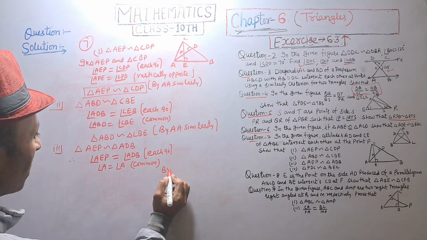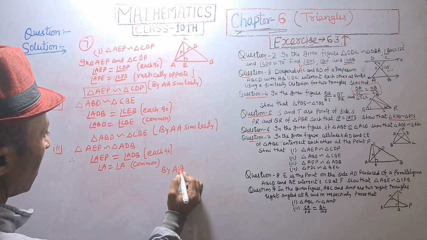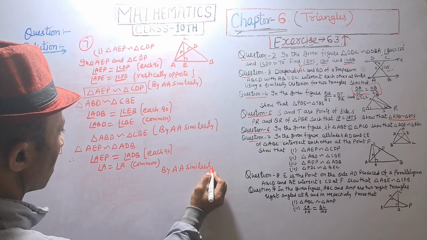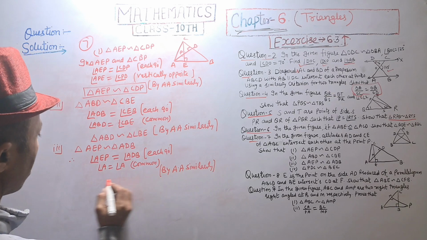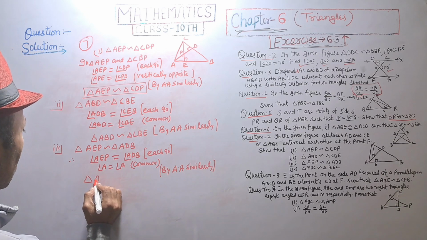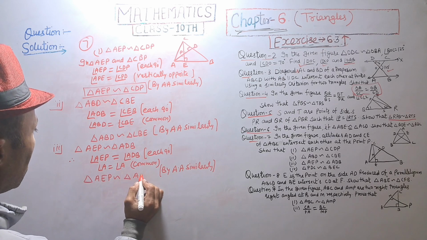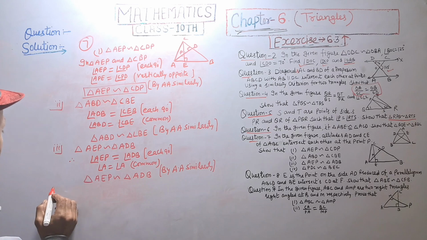By angle similarity, we get triangle AEP is similar to triangle ADB.